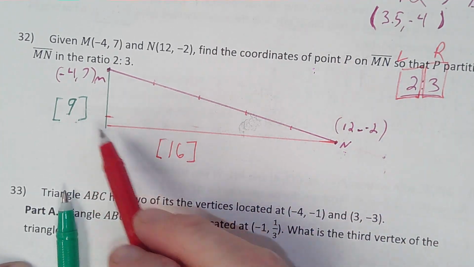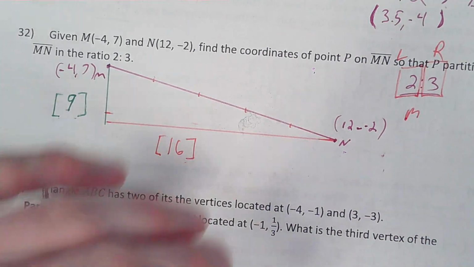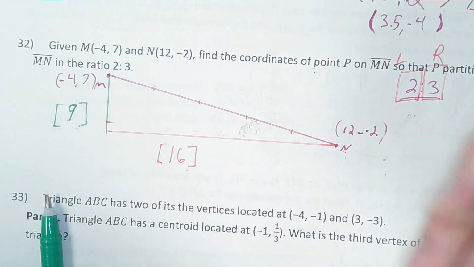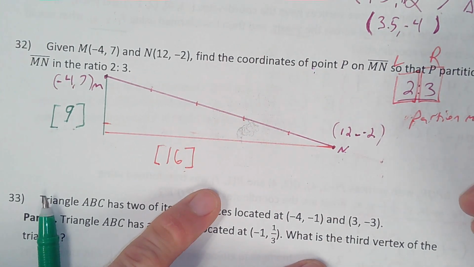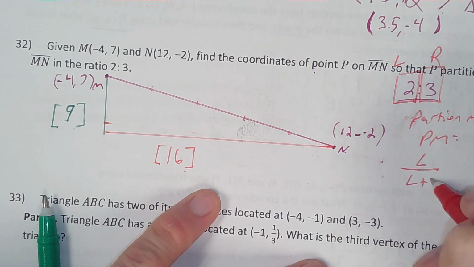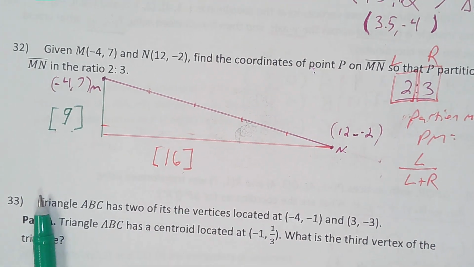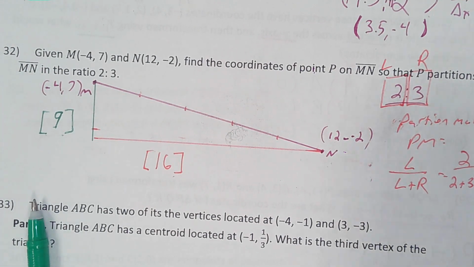We'll call this the partition multiplier, or the PM. It equals your left ratio divided by your left plus your right ratio. So here it's 2 divided by 2 plus 3, which equals 2/5.